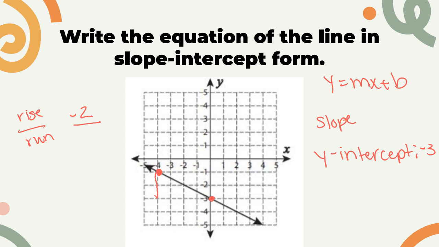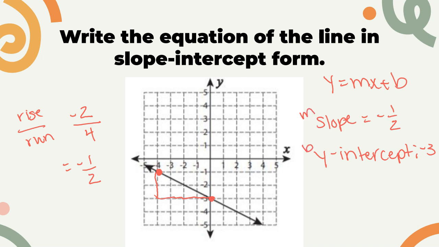And then I go over 1, 2, 3, 4, and I'm going from -4 to 0. So I'm actually adding 4 there. So -2 over 4 would reduce down to what? -1 over 2.